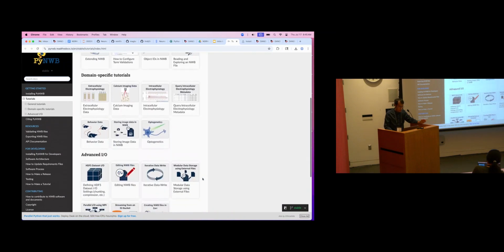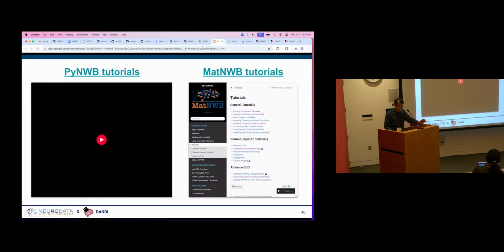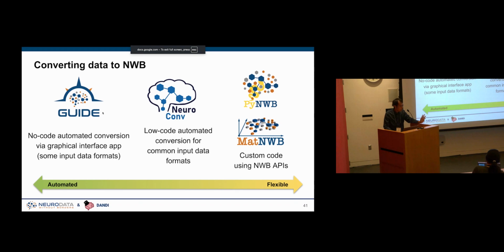All right. Yep, so just to recap, converting data to NWB can be daunting, but we provide these three sets of awesome tools to help you through the process. NWB Guide is the easiest. You don't have to write a single line of code if it works well for you. Just click through, select your data formats, enter your metadata, and your data will be converted and uploaded to Dandy.